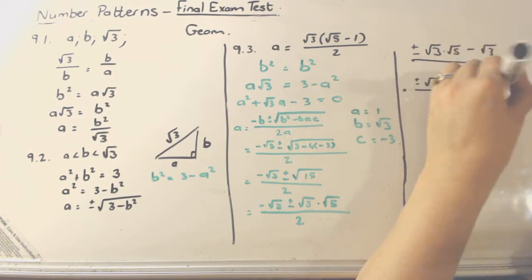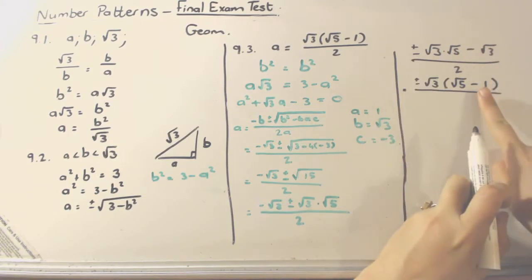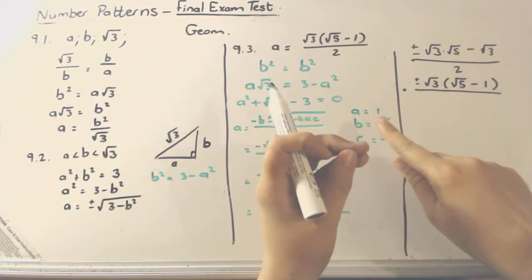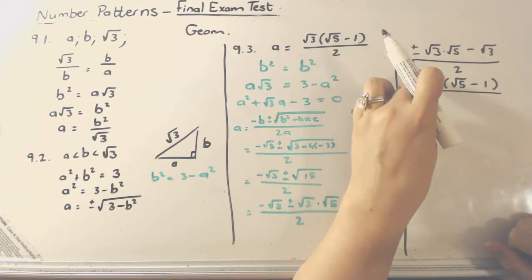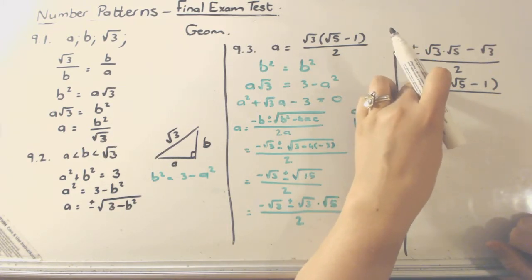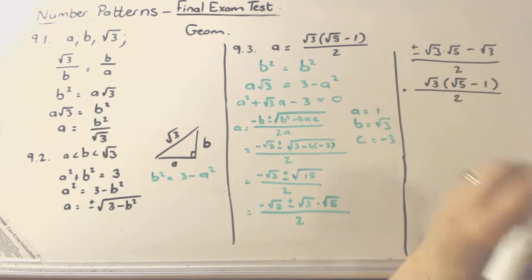If I take out a plus root 3, then that's minus 1.